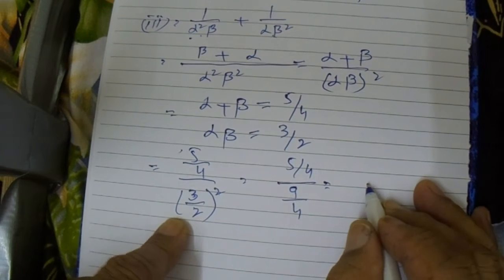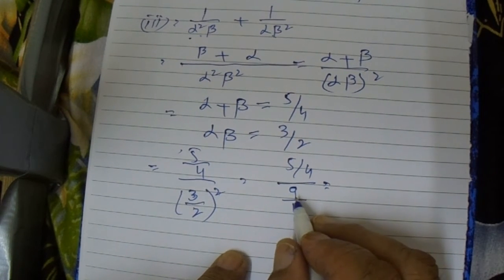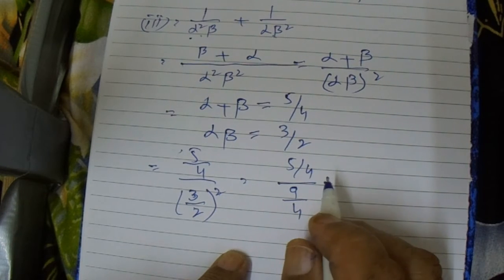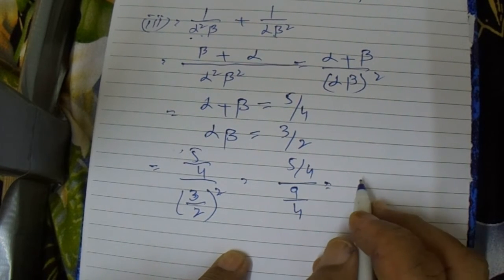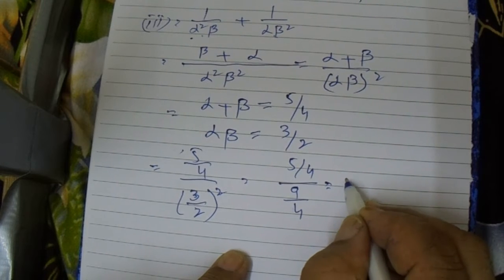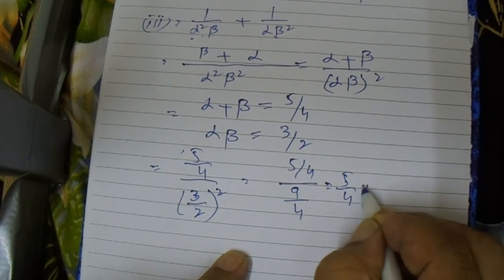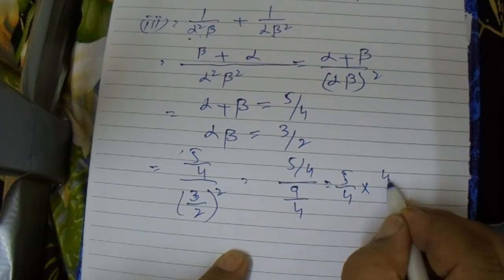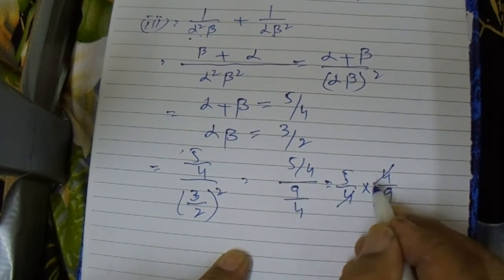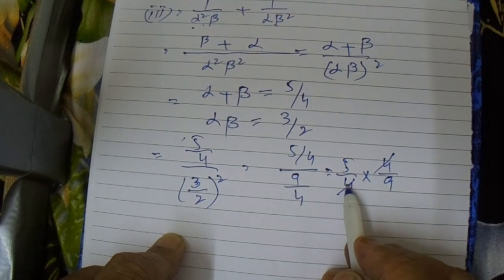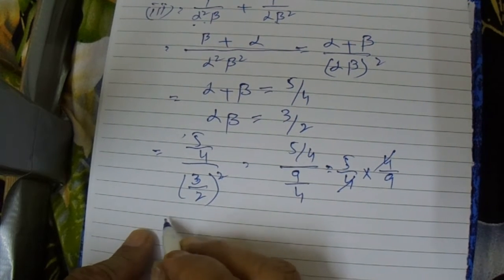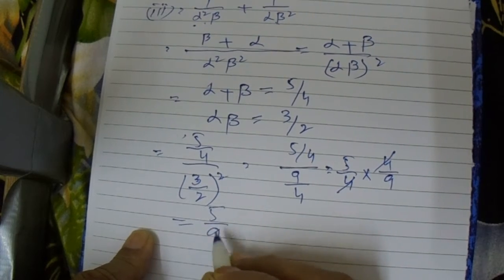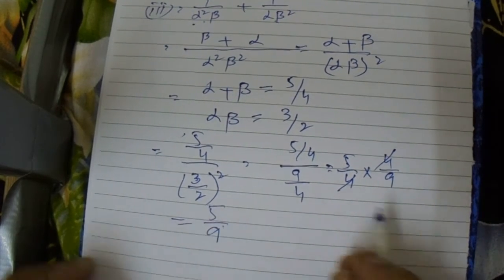The denominator is also a fraction, so we write its reciprocal. It means 5 by 4 multiplied by 4 over 9. The 4s cancel, and we get 5 by 9. This is the value.